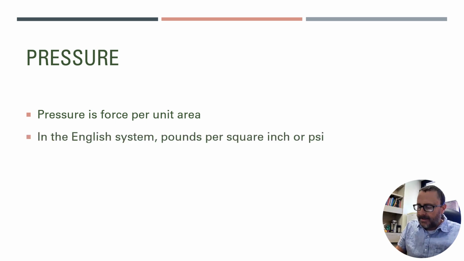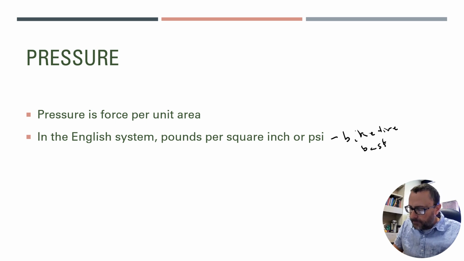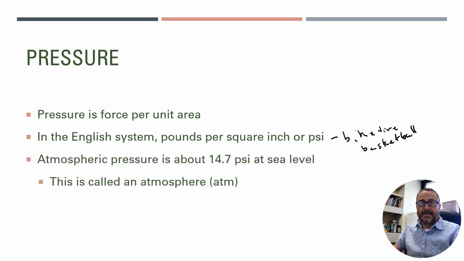You might see this on like a bike tire, or a basketball. If you're filling those, you might see that you want to put it into some PSIs there. But of course, we're the only country really that uses the English system, and everybody else out there uses other things.